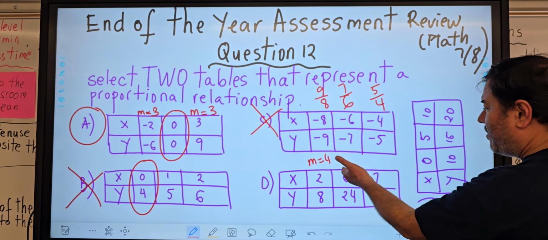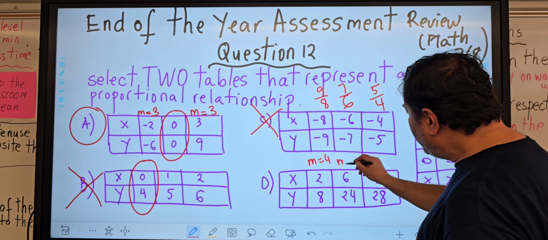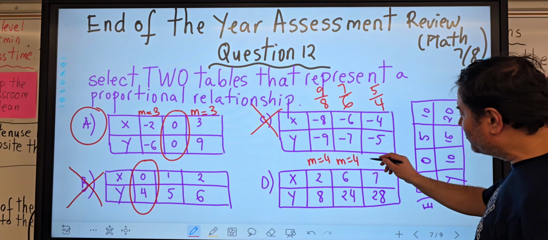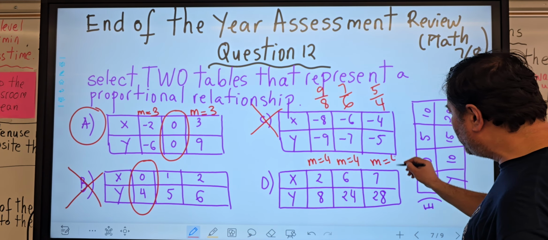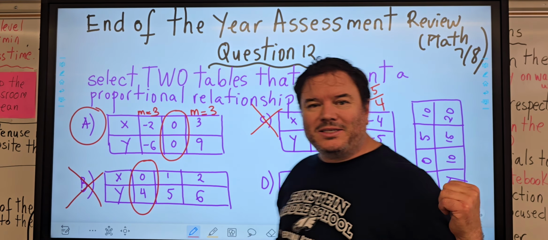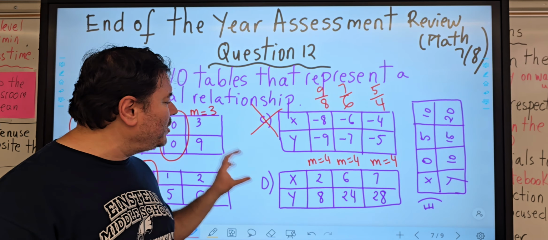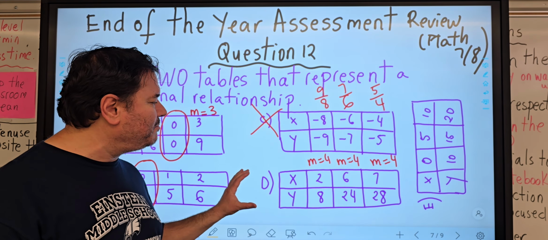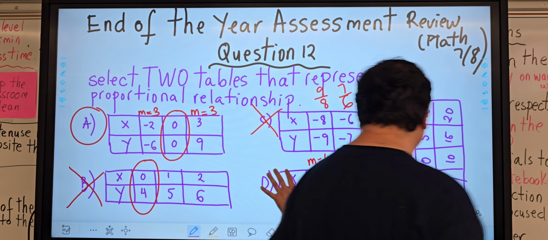Second one, 24 divided by 6 is also 4. And 28 divided by 7 is also 4. So the slope is the same. But now we also need to check if it goes through the origin. We'll come back to D in a moment.